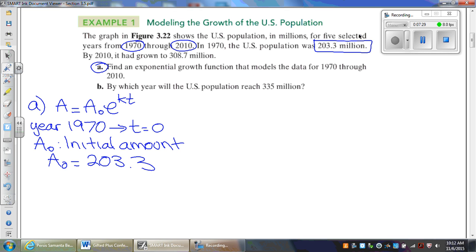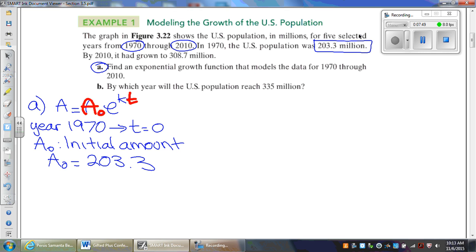So now, what we need to look for is k. If we look at this formula, so far we have a number for a sub 0, and we have a number for t, right?